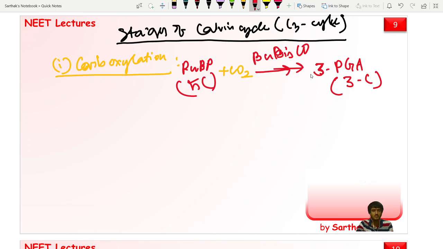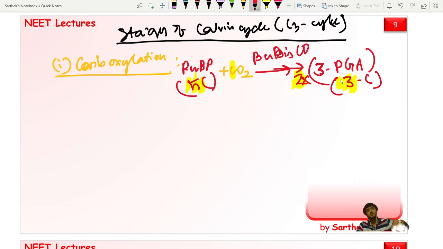If we balance the reaction, it gives 2 molecules of 3-phosphoglyceric acid. So 3 into 2 is 6 carbon on one side, and 5 plus 1 is 6 carbon on the other. The equation is balanced. Note an interesting thing: the first compound is a 3 carbon compound.